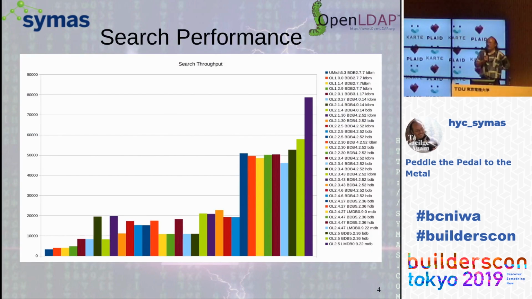So here I've gone through and found all of the historical versions of the OpenLDAP software, from the very first version on the left column to the version that we've released in the past few months. All of these measurements are taken on the exact same machine, so the only thing that has changed is the version of the OpenLDAP software.